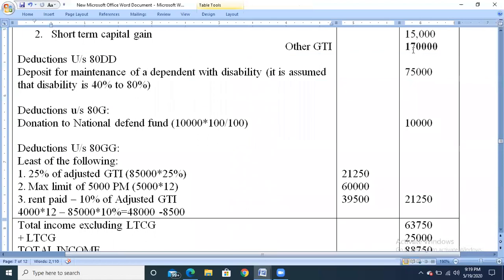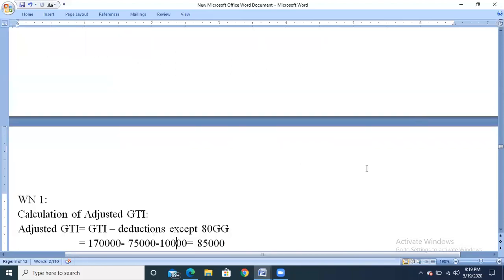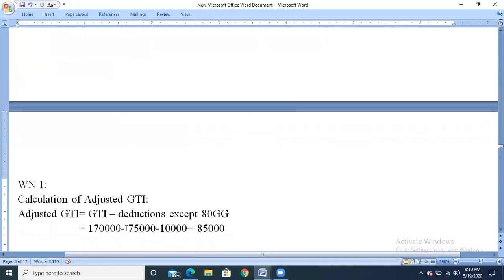Gross total income is 1,70,000, and except 80GG, the deductions are 75,000 under 80DD and 10,000 under 80G, so totally 85,000 is the deduction amount except 80GG. So 1,70,000 minus 85,000, the balance will be 85,000. That is called the adjusted gross total income.